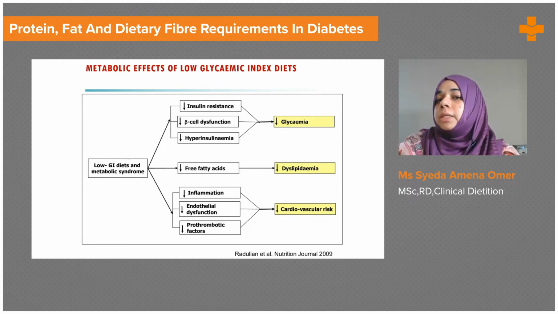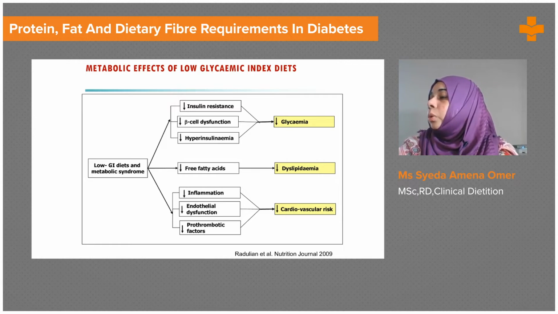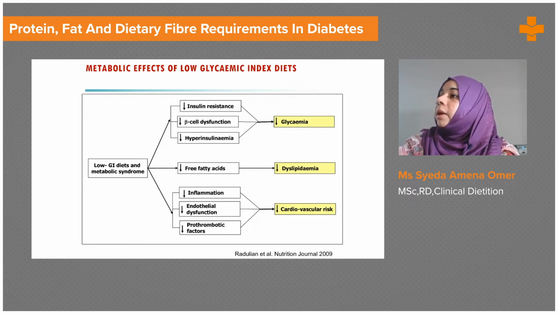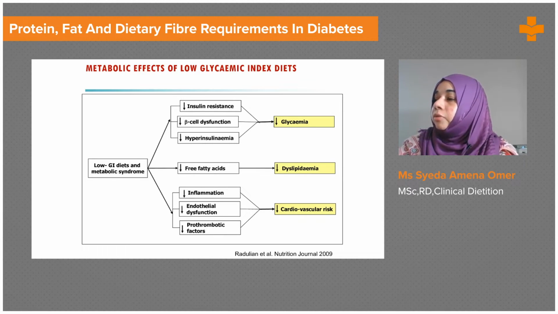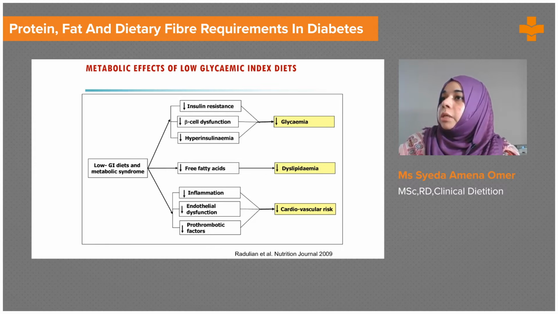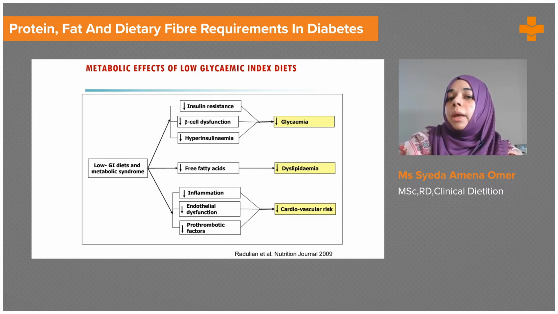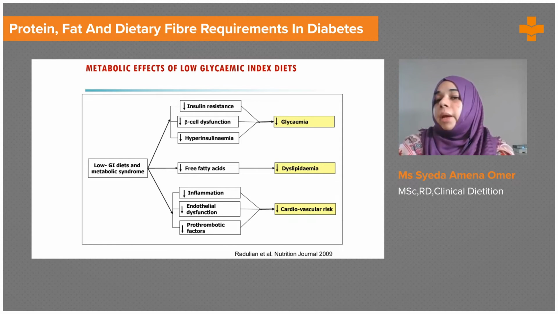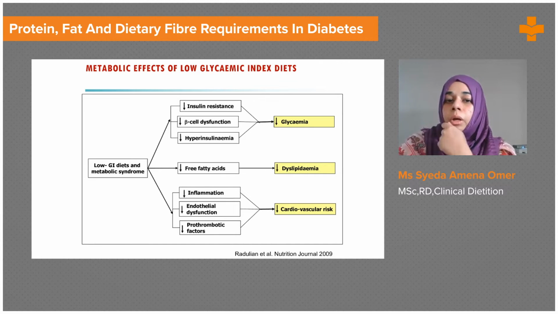Beta cell dysfunction also improves. With the bombardment of hormones increasing insulin production, the function of the beta cells in the pancreas, which produce the insulin, gradually decreases. That bombardment goes down, and there is no eventual degeneration of the pancreas if they follow a low glycemic index diet. There will also be a decrease in the blood lipids.